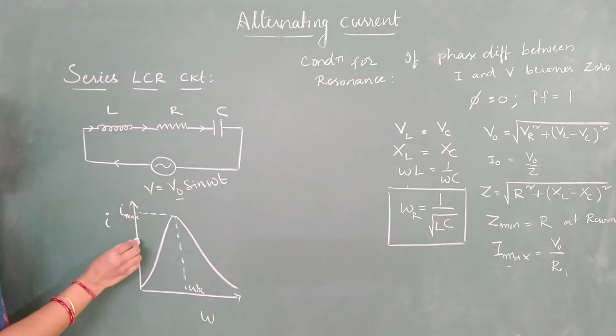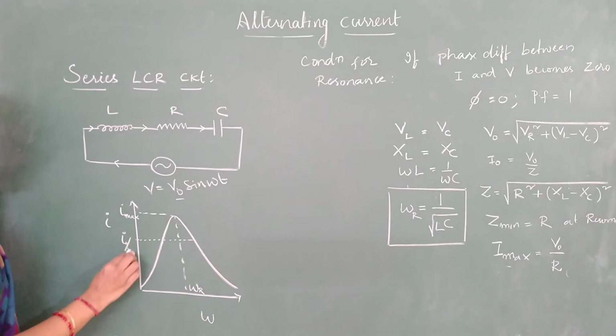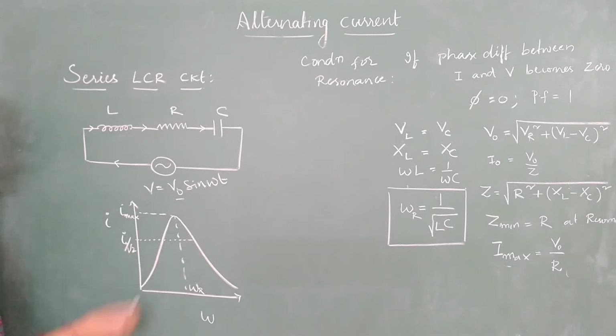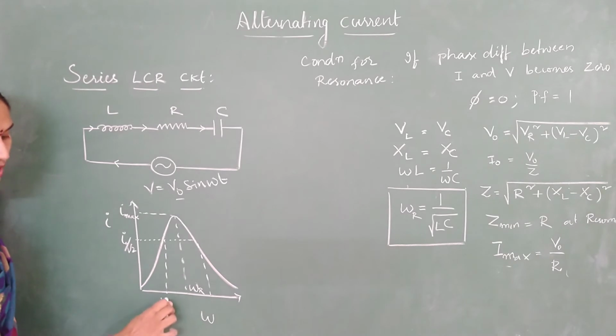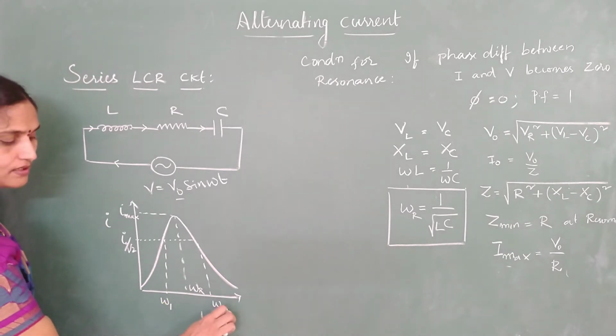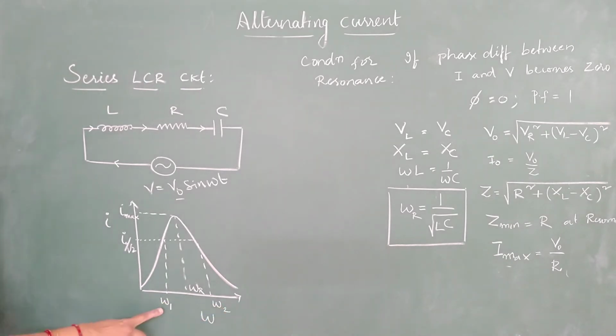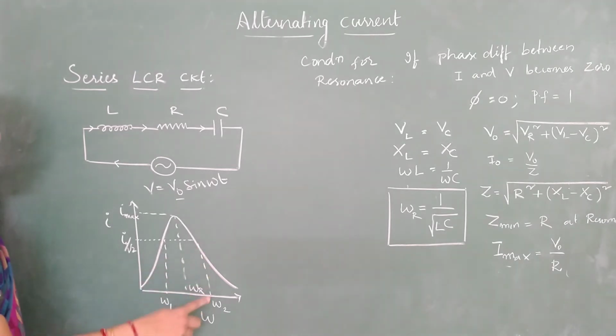At half power points, current has reduced to 1 by root 2 times the maximum, and the corresponding frequencies we have called omega 1 and omega 2. Omega 1 is lower than the resonating frequency. Omega 2 is greater than the resonating frequency.